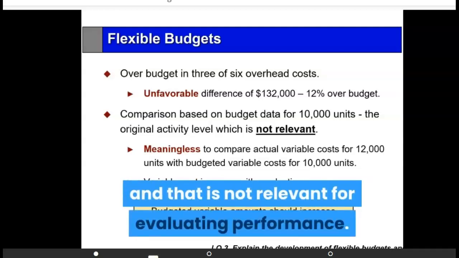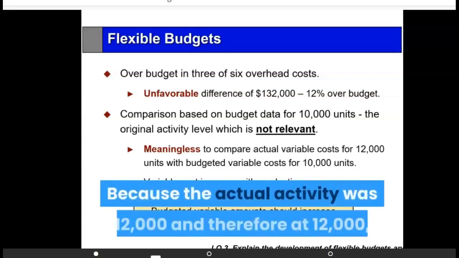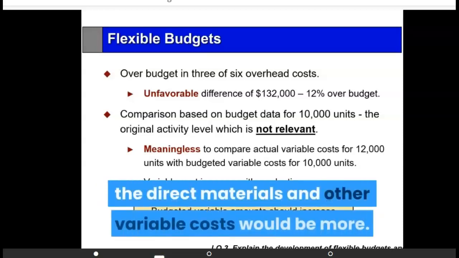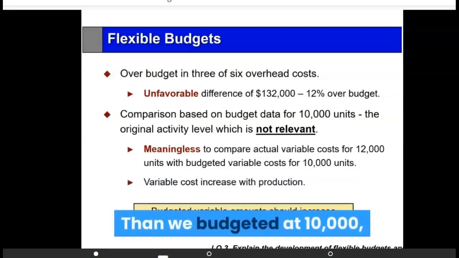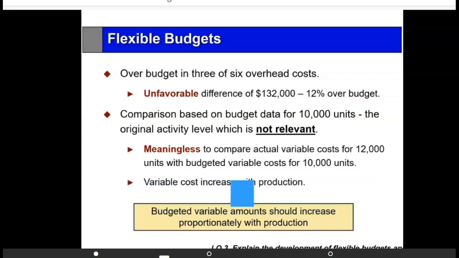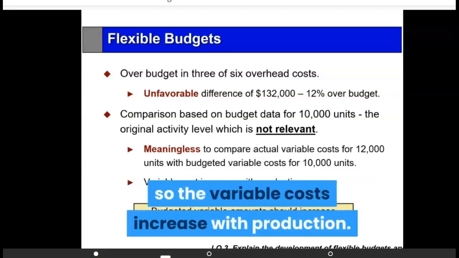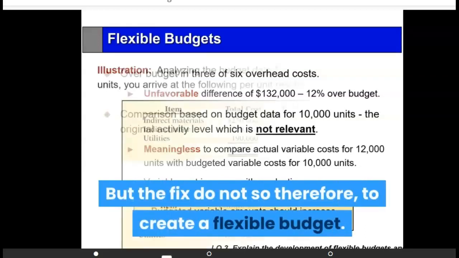And that is not relevant for evaluating performance because the actual activity was 12,000, and therefore at 12,000, the direct materials and other variable costs would be more than we budgeted at 10,000. So the variable costs increase with production, but the fixed do not.